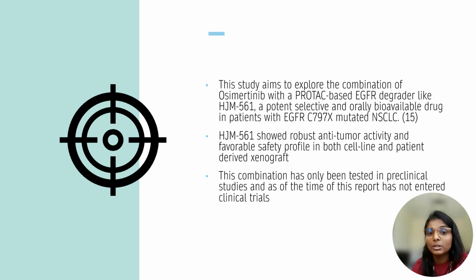This combination has only been tested in preclinical studies and at the time of this report has not entered clinical trials. But since oral administration of this drug showed robust antitumor activity in models that were resistant to osimertinib, the results suggest that HJM561 is a promising therapeutic option for overcoming EGFR triple mutation mediated drug resistance in non-small cell lung cancer patients.